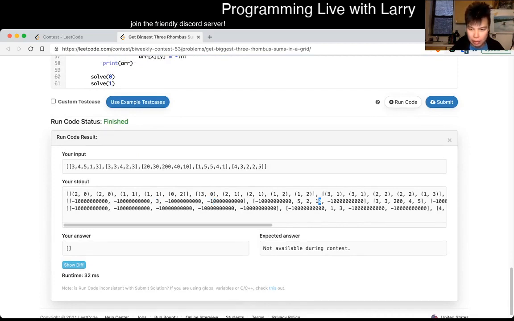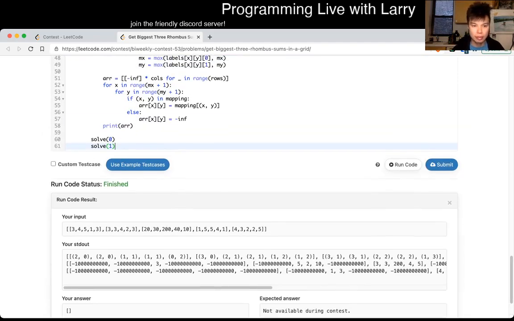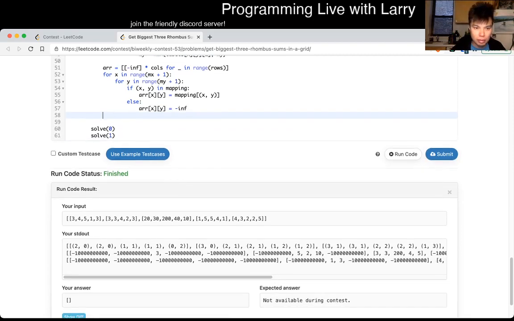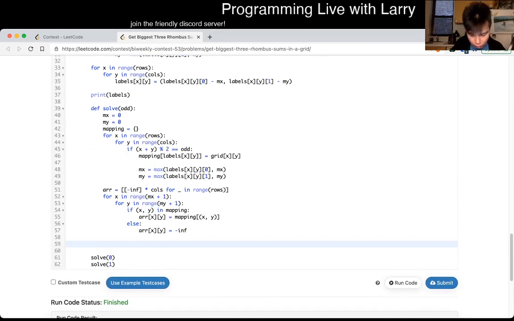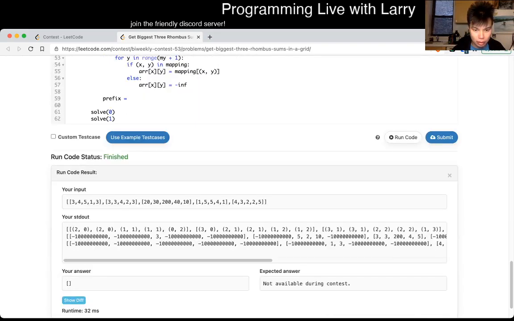Now it's a diamond, okay. And then now I just have to do the prefix sum array. So this is kind of weirdly well, isn't it?